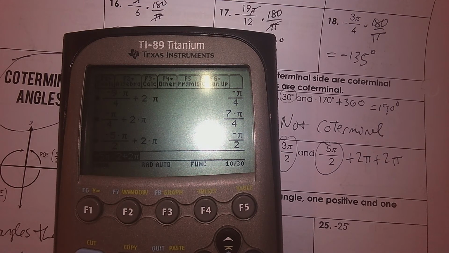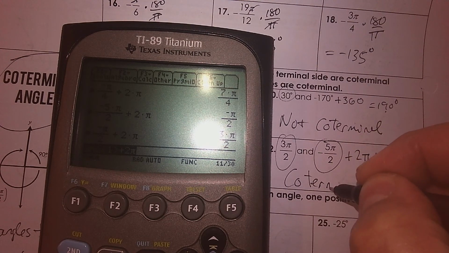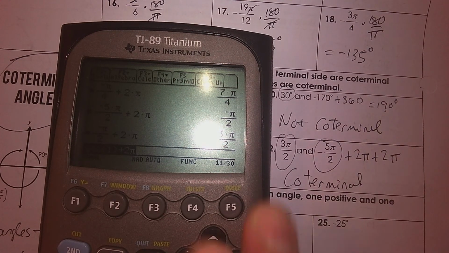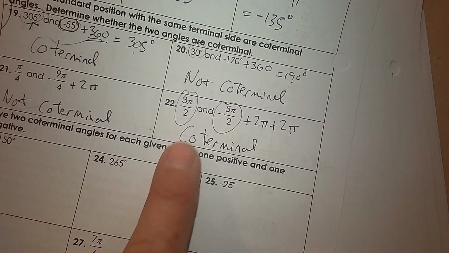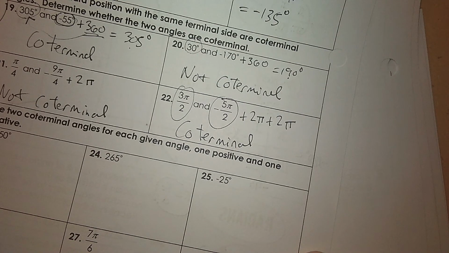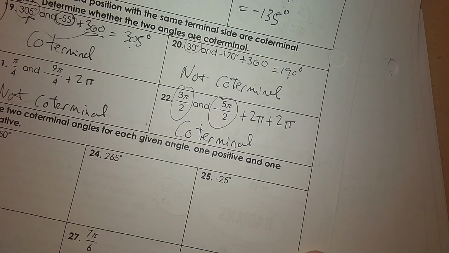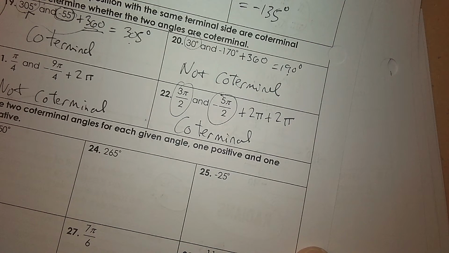So if I add 2 pi again, what happens? Does it now match? These are coterminal. So you might have to add 2 pi more than once and see if they match. If you add 2 pi or 360 and it goes over the number you're looking for, then you know it's not coterminal. But if they match, they're coterminal.